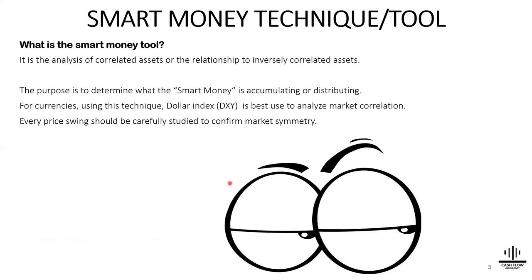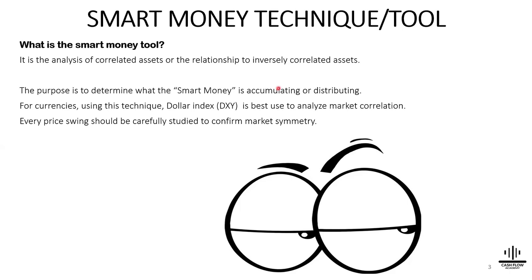The purpose is to determine what the smart money is accumulating or distributing. For currencies, using this technique, the dollar index, that is the DXY, is best used to analyze market correlation. Every price swing should be carefully studied to confirm market symmetry.